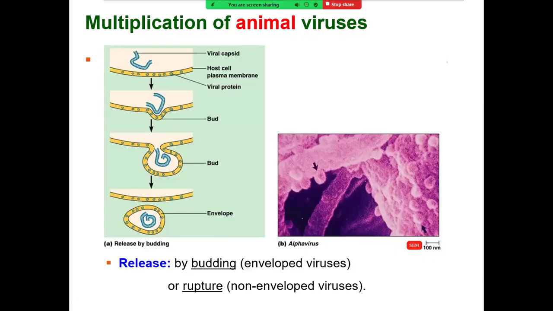Once again, this can be the cell membrane as shown here. It can be the nuclear membrane, or it can be the membrane of the endoplasmic reticulum. It just depends on what species of virus it is. And then it'll form a real big bud, and the viral genome and capsid proteins will come inside the bud. And then this virus will then rip off that bud.